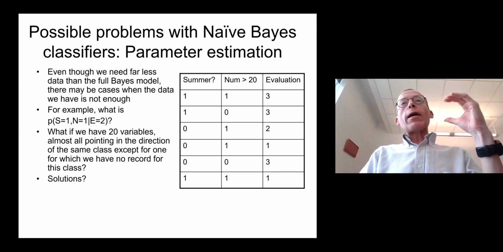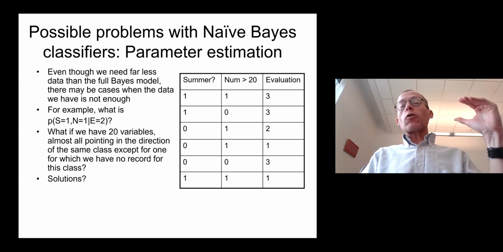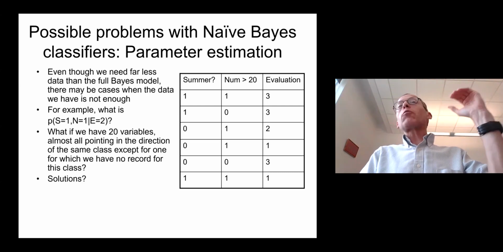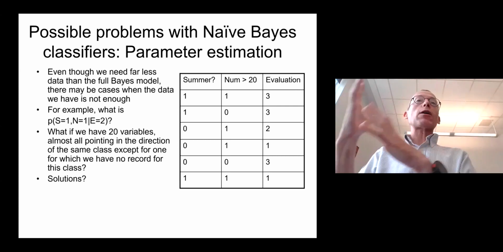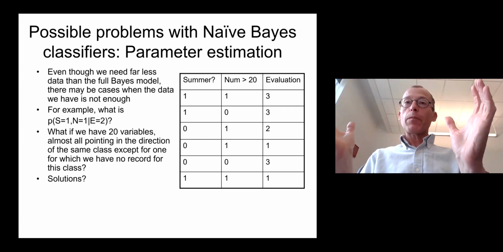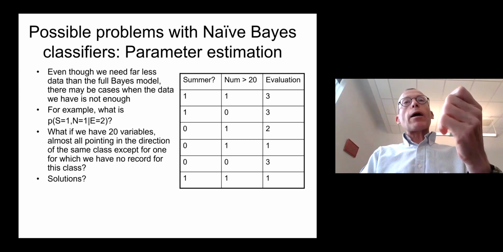Okay? So when we count how many times we saw Russia in a sports document, we put at least 1, even if we didn't see it at all. And this way, the probability of Russia in a sport document will never be 0. You can put 2, you can put 3, depending on how confident you are. And this way, you won't have a 0.